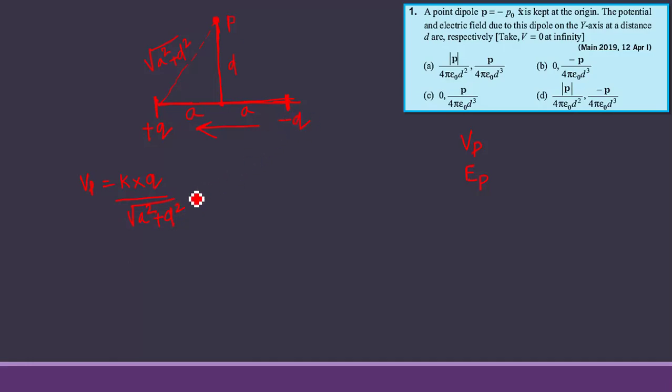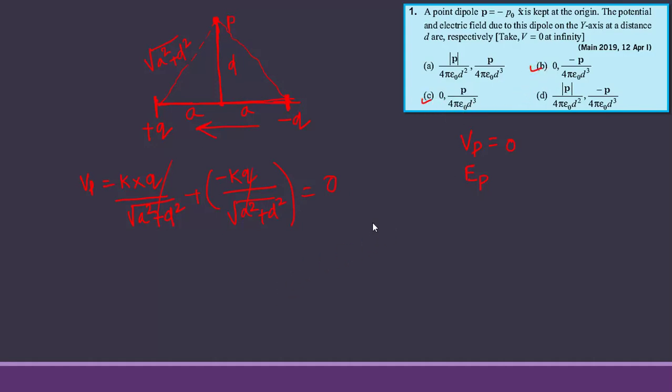Due to minus q, it is minus k q divided by the same root over a square plus d square. See, this term will cancel, so the potential at point P will be 0. So the answer will be either B or C.